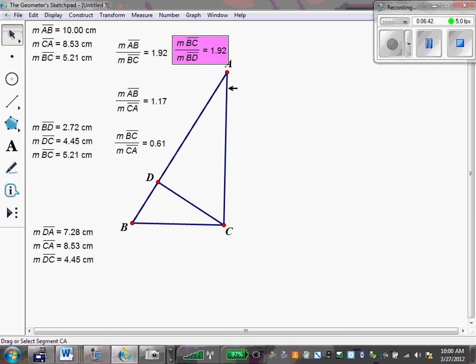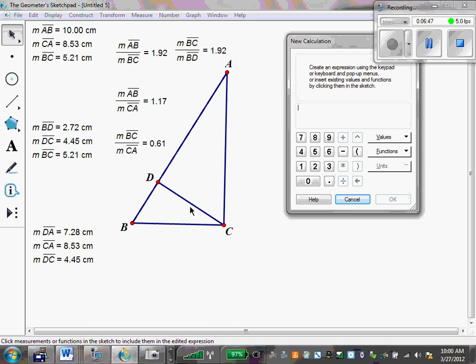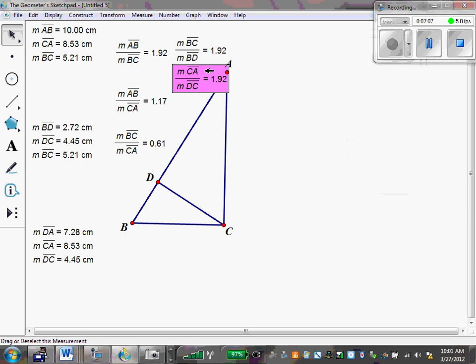So I'm going to go ahead and stick with this triangle and go ahead and do the longer leg, which would be length AC. And I'm going to divide it by the length of the longer leg of this triangle, which will be DC. Well, guess what? It is in the same ratio.